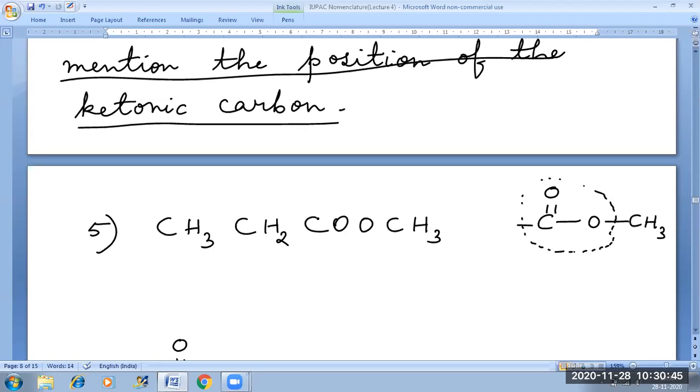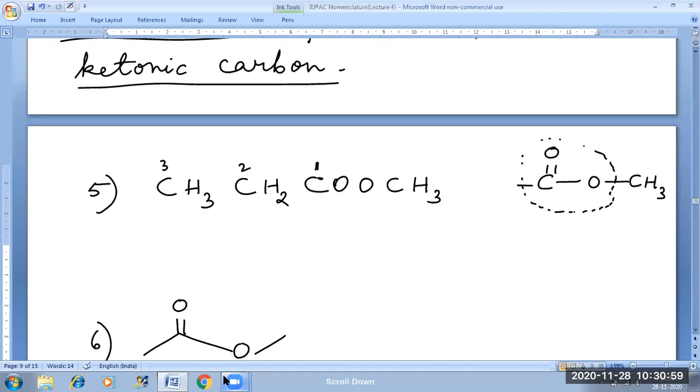So remember, if it is ester which is your principal functional group, the numbering has to start from the carbon which is COO. So 1, 2, 3. This is how you have to number. So can I say 1, 2, 3 is propanoate?